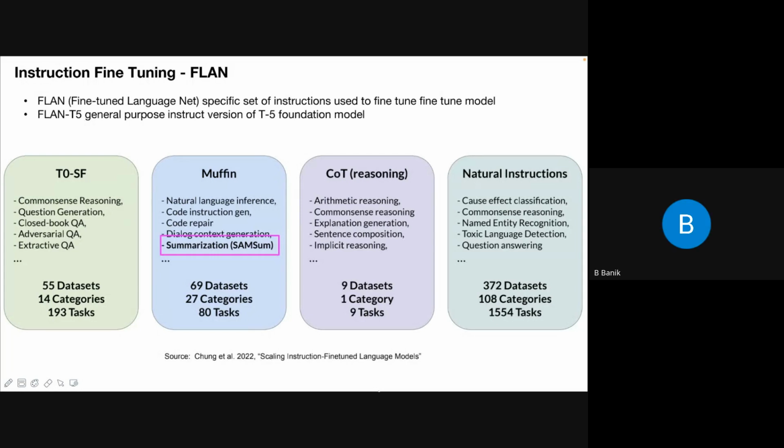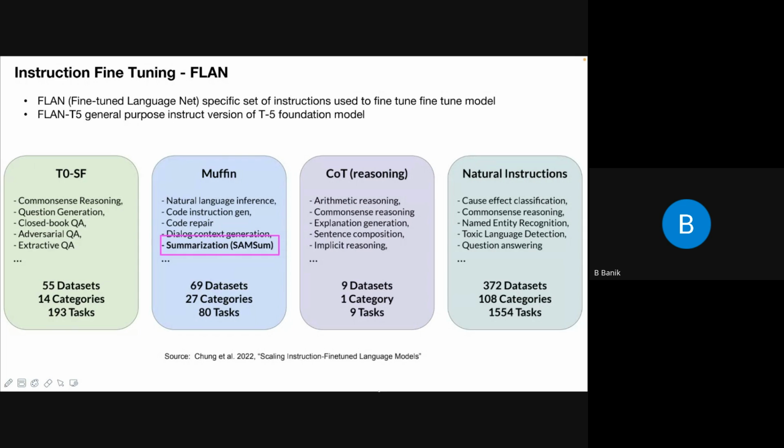It is already trained, and you can use it if you have this kind of reasoning, or natural instructions, or you want to do a summary of your conversation. And there are 473 datasets in total. If you add up these numbers, it will come to 473. The paper also talks about what kind of datasets those are and the categories.